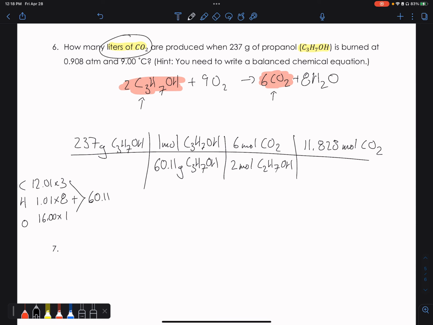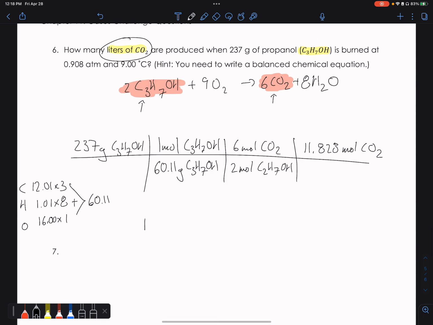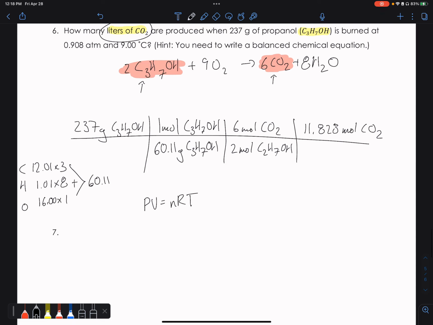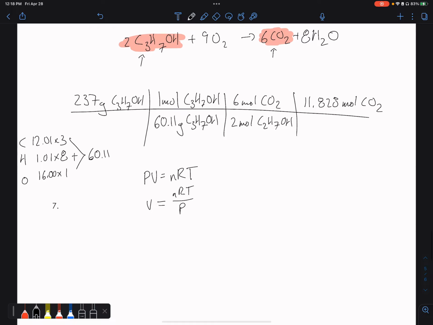Now, we're not quite done yet. Again, we're looking for CO2. We can take our moles now, and we can use PV equals nRT to figure out how many liters of CO2 will be made. Now I'm going to rearrange this before I even plug numbers in.